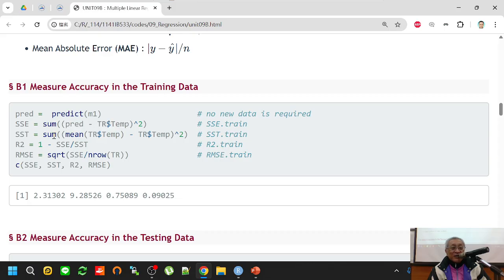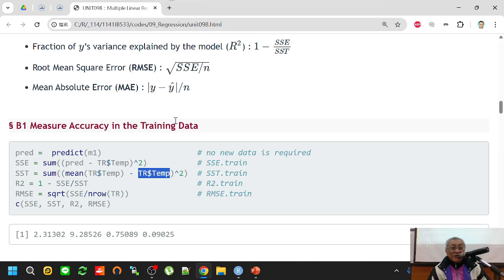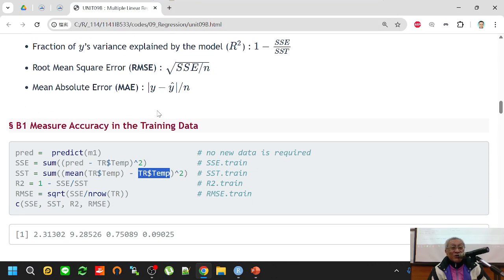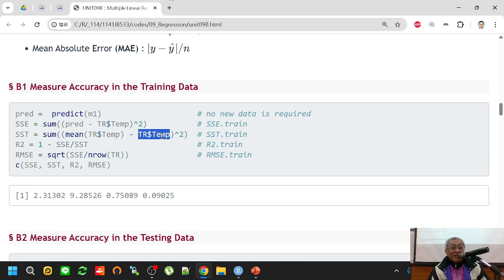And then we can calculate the SST. This is the actual value of Y, and this is the average of Y, which is Y bar, and Y is TR.